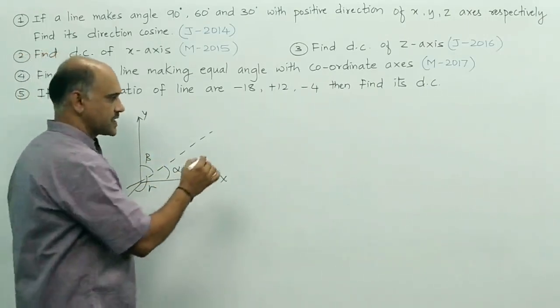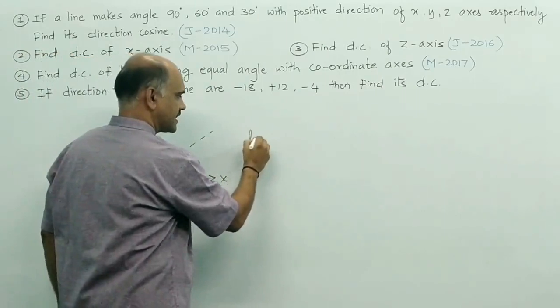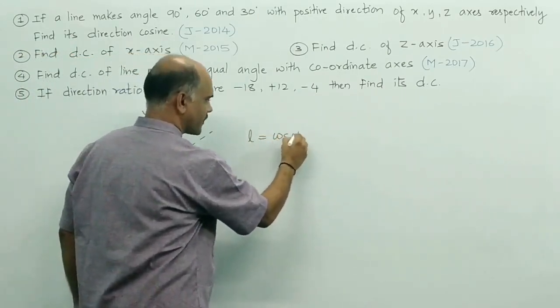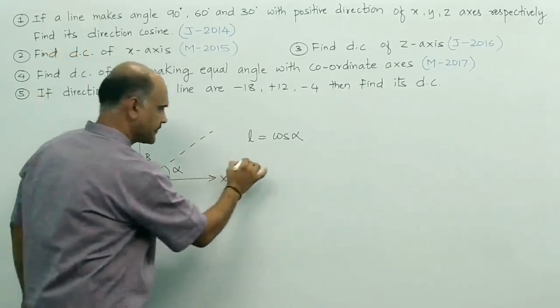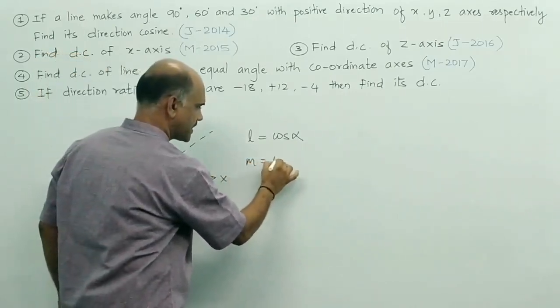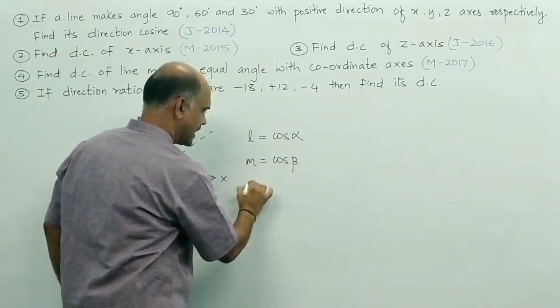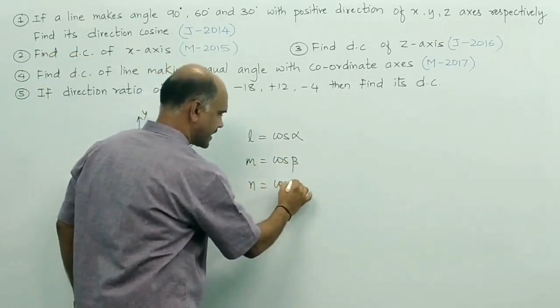Then direction cosine is defined as L is equal to cos alpha. So this is called direction cosine with respect to x-axis. M is equal to cos beta and N is equal to cos gamma.